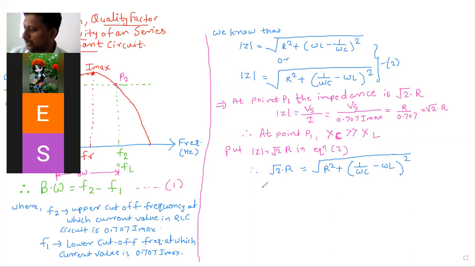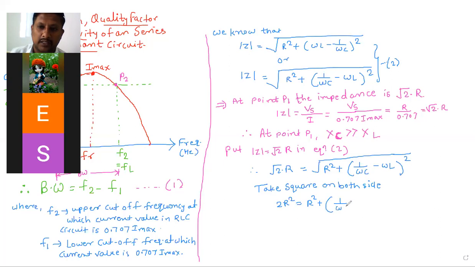Take square on both sides. So what are you getting? 2 R square. On this side, after the square root goes, what happens? R square plus, in bracket, 1 upon omega C minus omega L, bracket square.